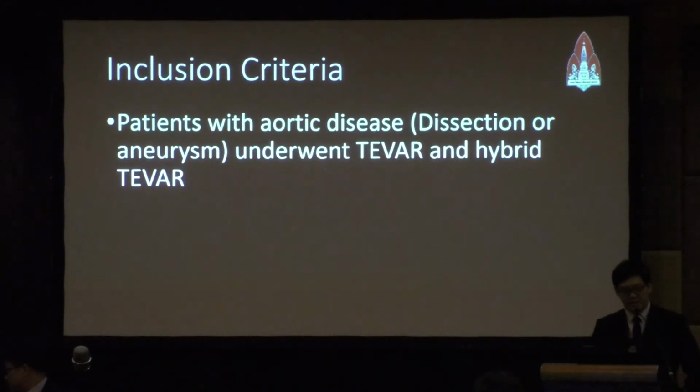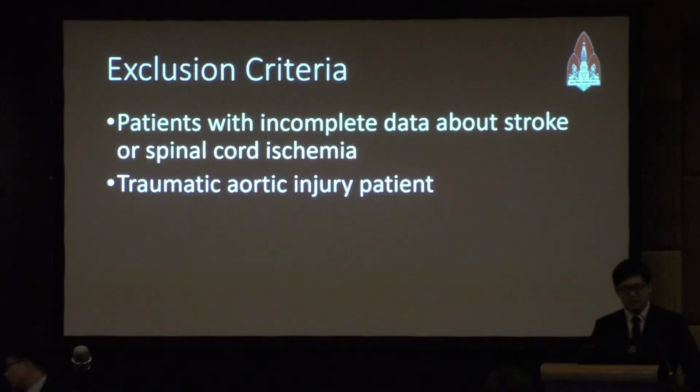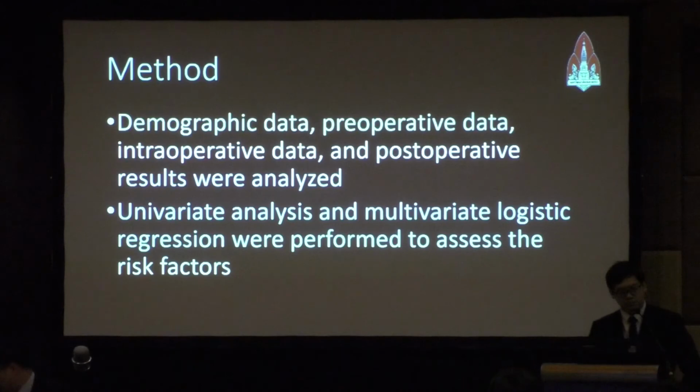My inclusion criteria were patients with aortic disease, both dissection and aneurysm, who underwent TEVAR and also hybrid TEVAR. My exclusion criteria were patients with incomplete data about stroke or spinal cord ischemia, and traumatic aortic injury patients, because there may be some concomitant injury. We reviewed the demographic data, the preoperative data, the intraoperative data, and the postoperative results.